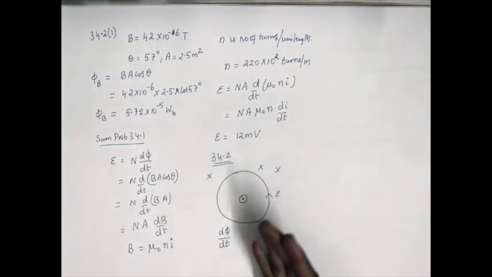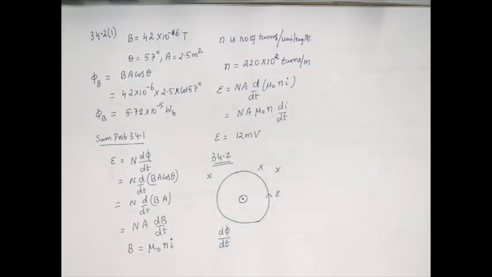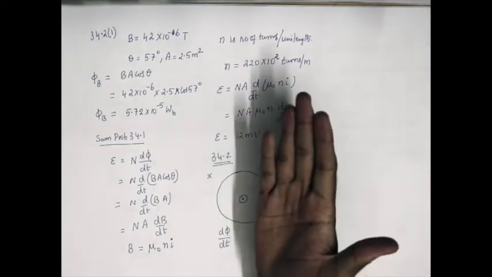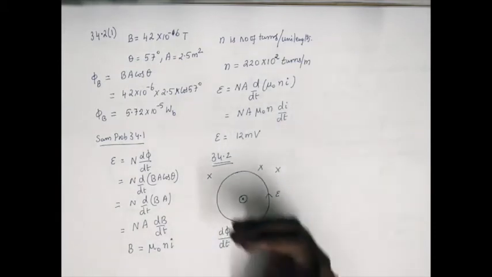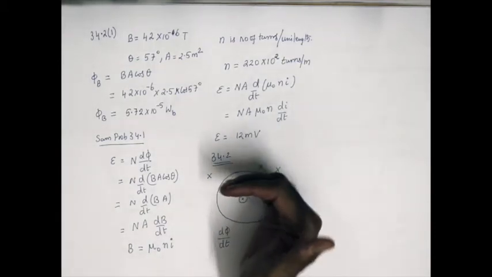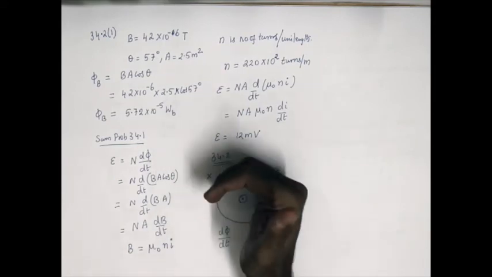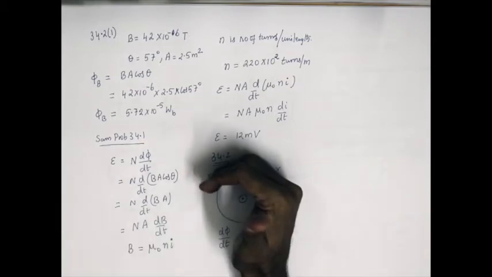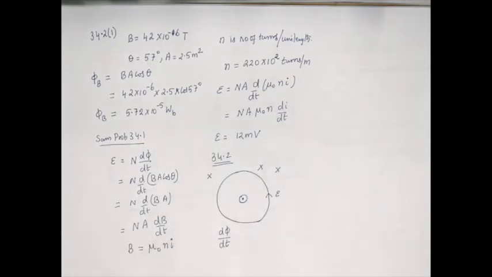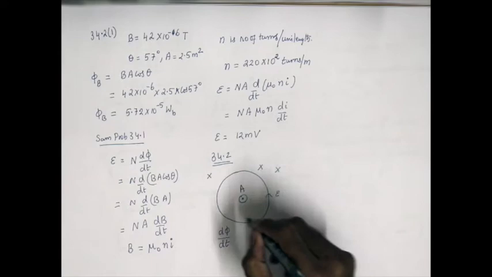Then based on this direction you have to fix the A vector, that is the area vector. For that you use the right hand rule, placing the fingers in the direction of the induced EMF and the thumb pointing in the direction of the A vector. As you can see, the thumb is pointing upwards, so my A vector is pointing outside the plane of the paper.